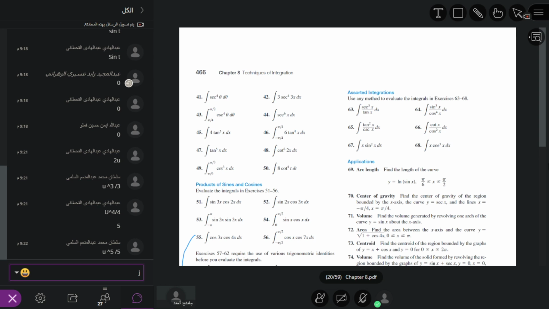So thus we will get 1 over 2 integral of cosine x plus cosine 7x dx. Now what is the integral of cosine x?